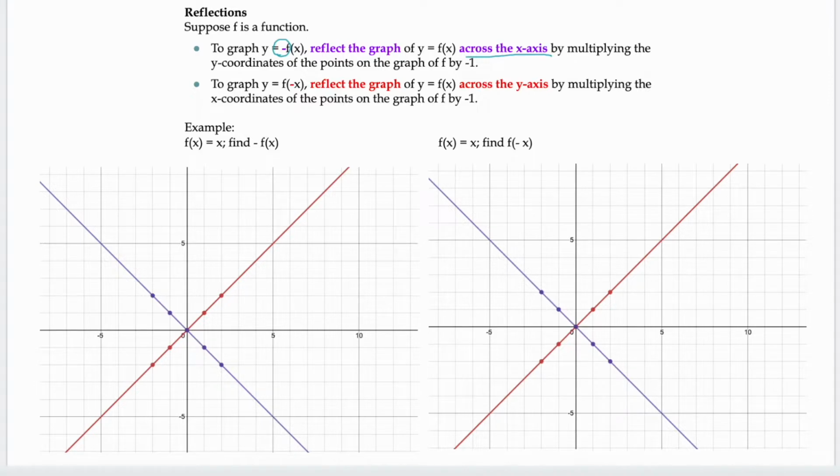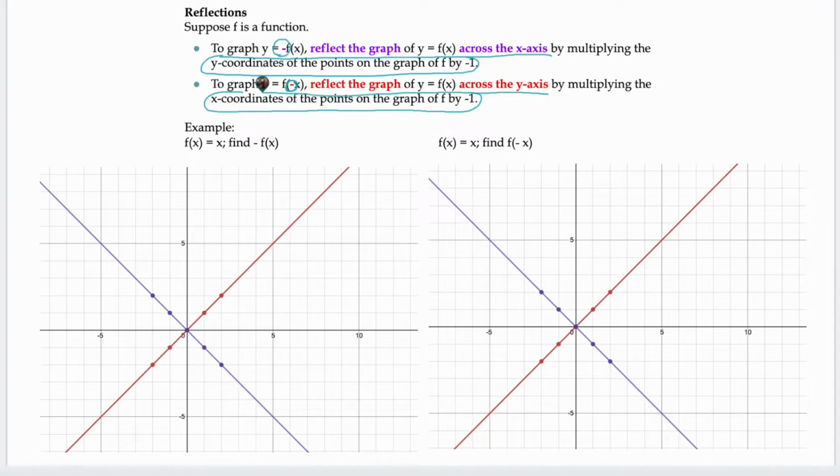How we do that is our y-coordinates need to be multiplied by -1. If we have the negative inside our function, we're reflecting the graph across the y-axis, and that means we'll be taking our x-coordinates and multiplying those by -1. And we'll see that in action at the bottom.